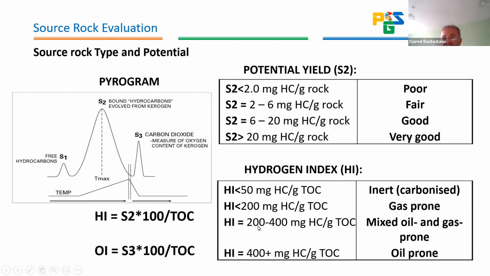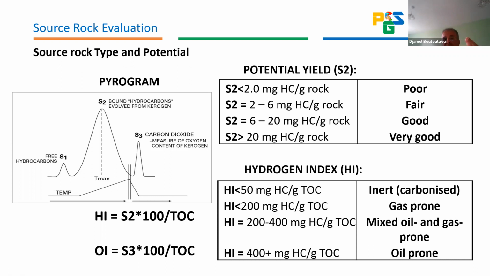Based on hydrogen index, we can say whether our organic rock interval is inert, there is nothing in it, especially if it's immature. So if it's immature and the hydrogen index is less than 50 milligrams, there is no source rock whatsoever in that interval. But we can have 50 milligrams with good source rocks that are really mature or over mature in the gas window.